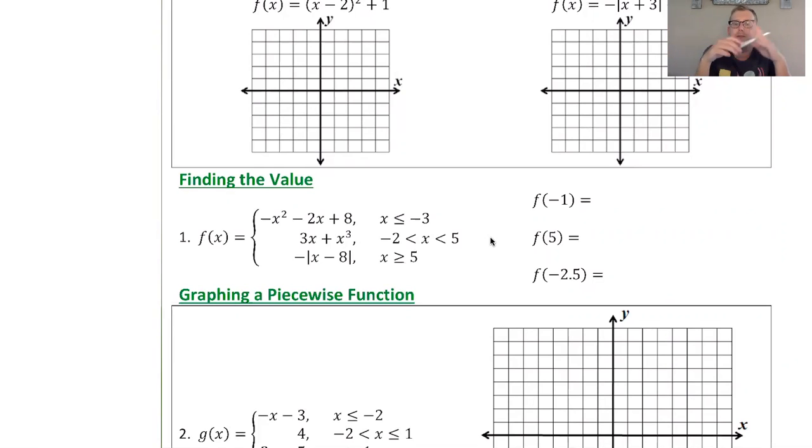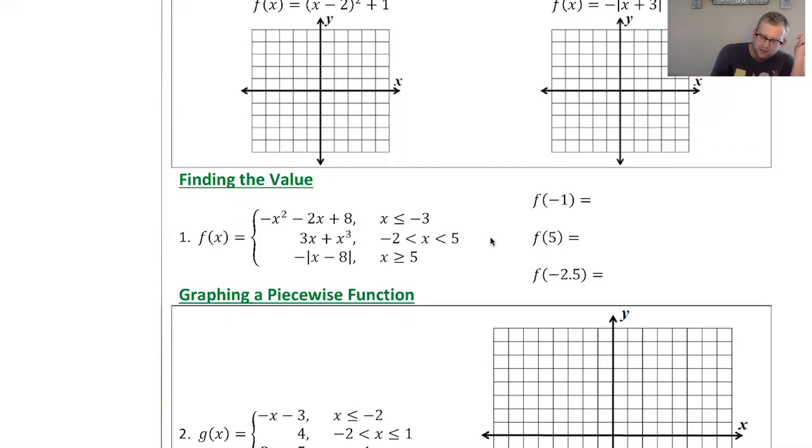And then we are given an absolute value function for the domain x greater than or equal to 5. Once again, we're not going to graph this, although you very well could using tables or a graphing calculator or whatever you want to use.